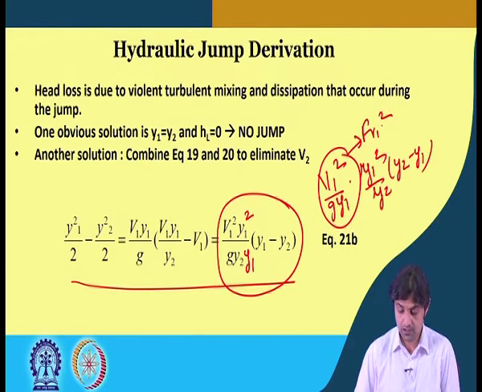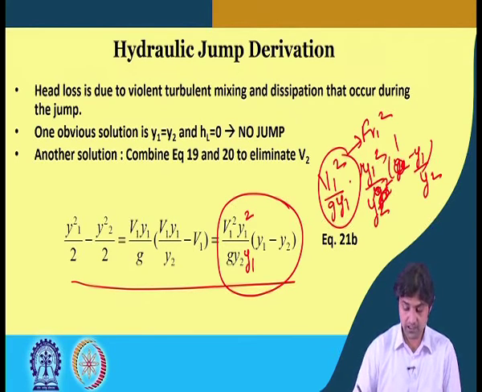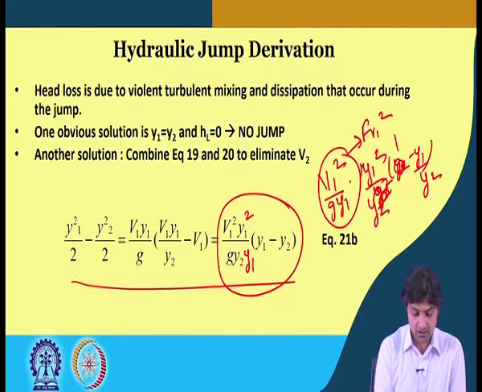All right. And when this goes inside, this becomes 1 y1 by y2, and this y2 whole square when multiplied here will also be divided here.